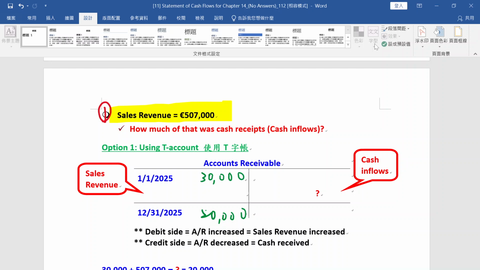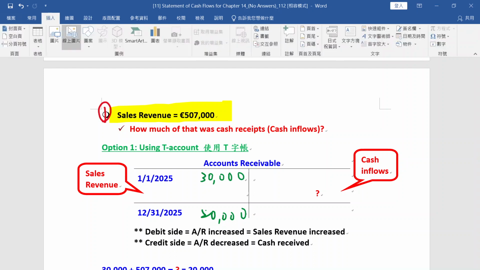Then do you know what's the reason when your accounts receivable increase? What's the reason when your accounts receivable decrease? Remember that? Accounts receivable increase when you sell the product to a customer, you earn the revenue, but the customer didn't pay you money yet, right? So you got accounts receivable, right?